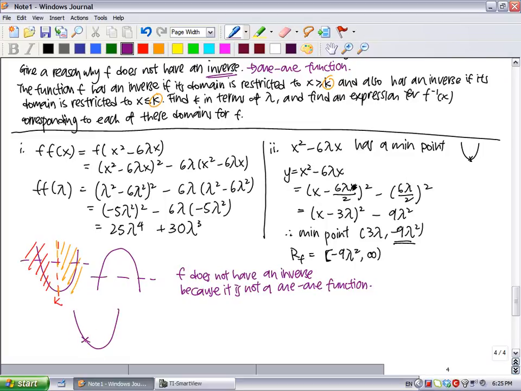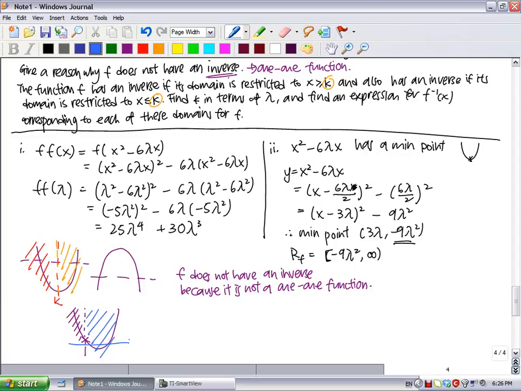If I had chosen this to be k, for example, if I restrict it to x less than k, it works, it is 1-1. But if I then look at the same k and x greater than or equal to k, it is no longer 1-1. There are some points where for the same value of y, there are two values of x.